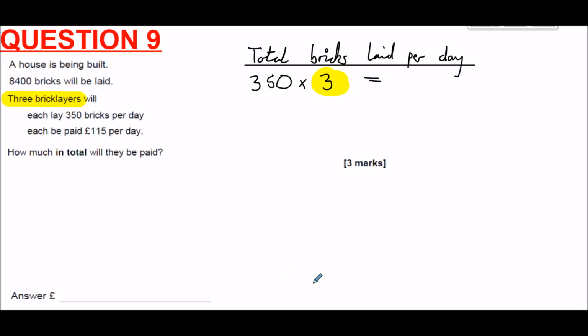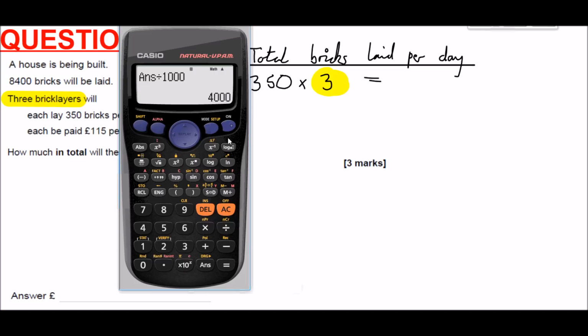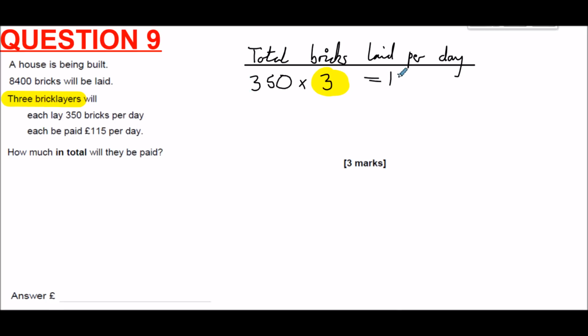So 350 multiplied by 3 is 1,050 bricks per day.